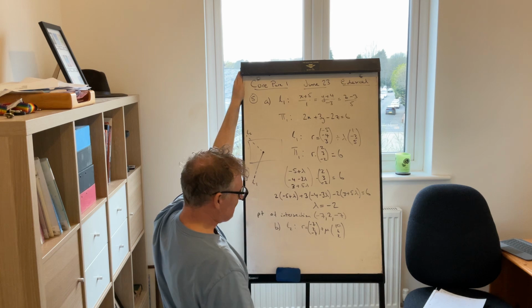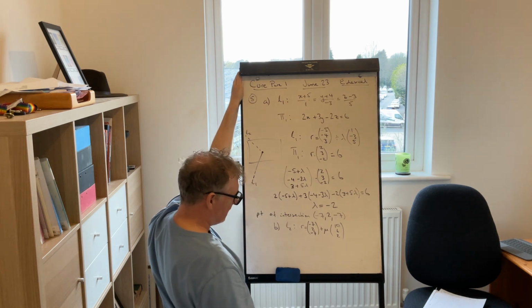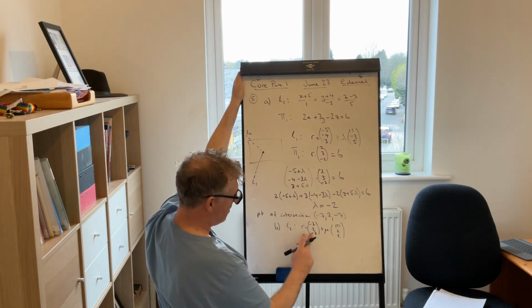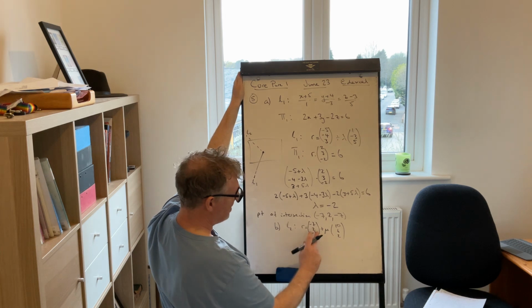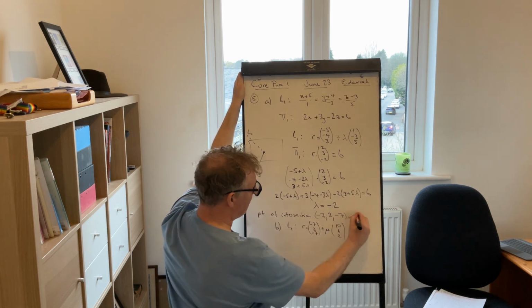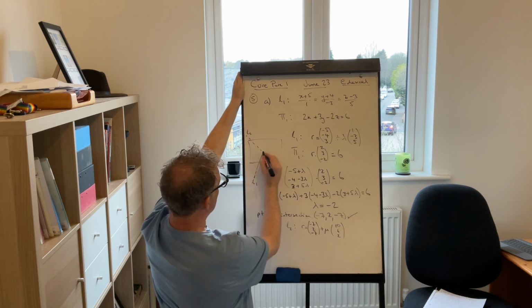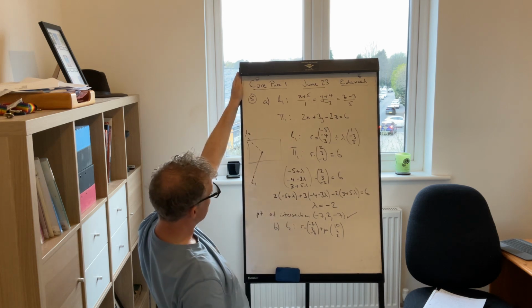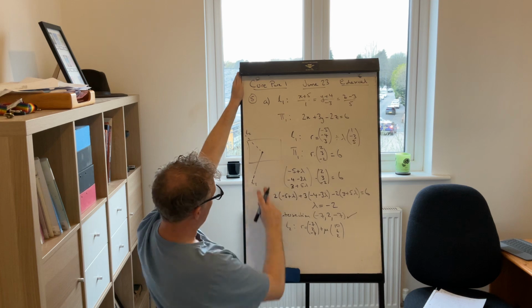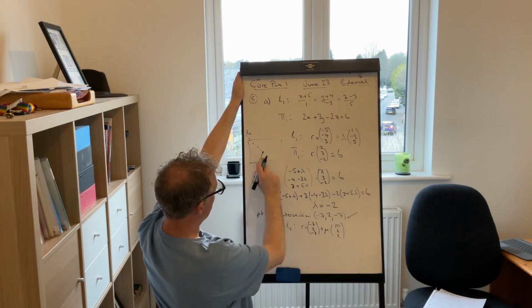Firstly, they've been quite nice here because that (-7, 2, -7) is immediately telling me, oh, I've got that part A correct, because surely where L1 and L2 meet is that point there, the point where L1 hits the plane.